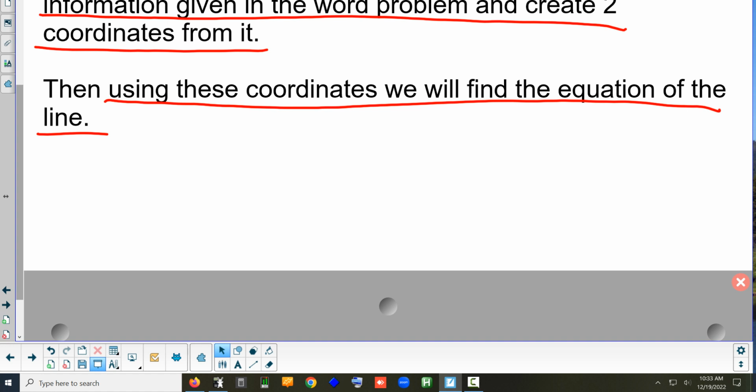What I think we'll do is we'll start the word problem, we'll identify what the coordinates are, and I'll have you guys finish finding the equation for homework. Let's see if we can at least figure out what the coordinates are.